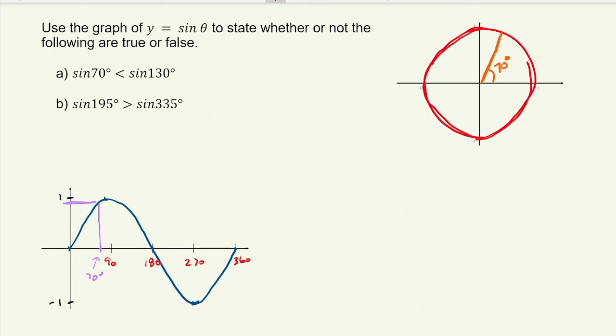If I go to 130 degrees, which is going to be out here someplace, and I go to my trusty graph, I'm probably going to be about here.